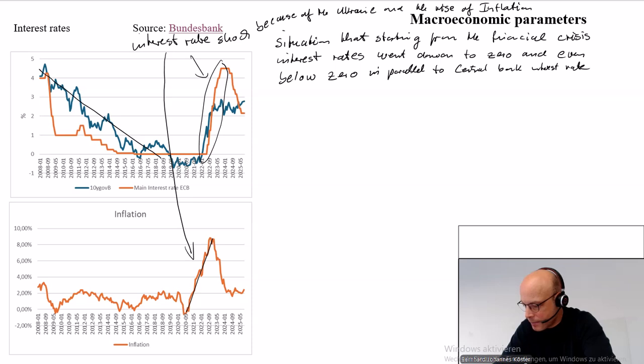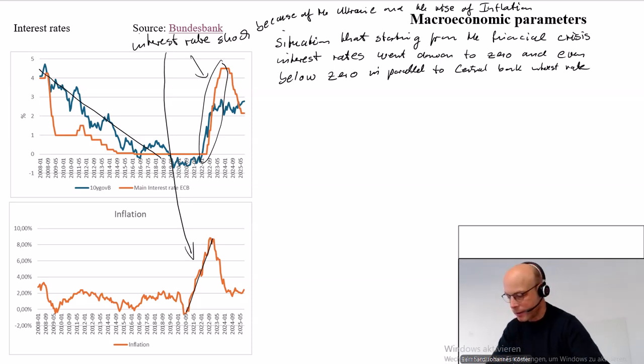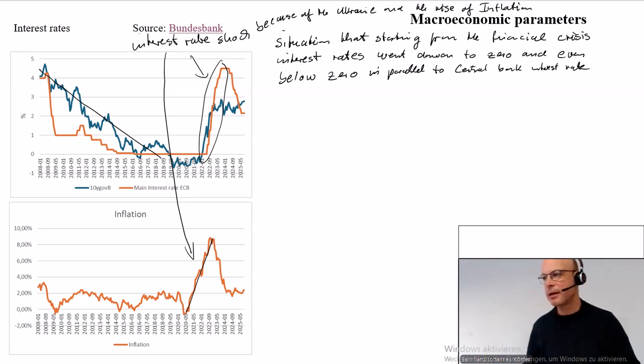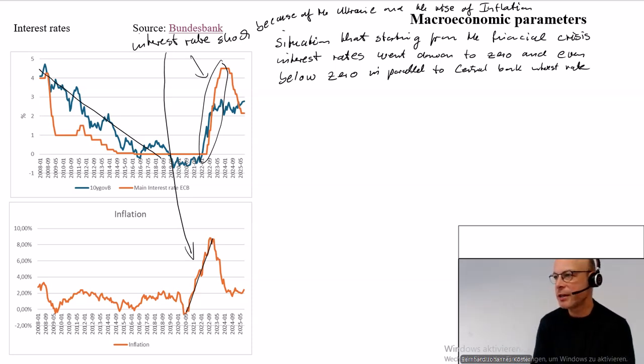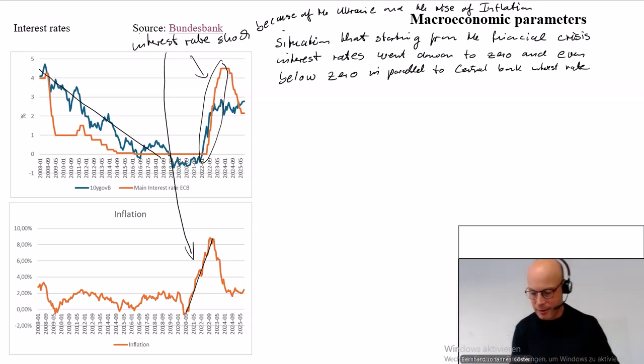Well, and also remembering your macro course, it would be interesting to put inflation and interest rates together, because these are now nominal interest rates. And hopefully you remember the Fisher equation, how we get real interest rates out of inflation and nominal interest rates.